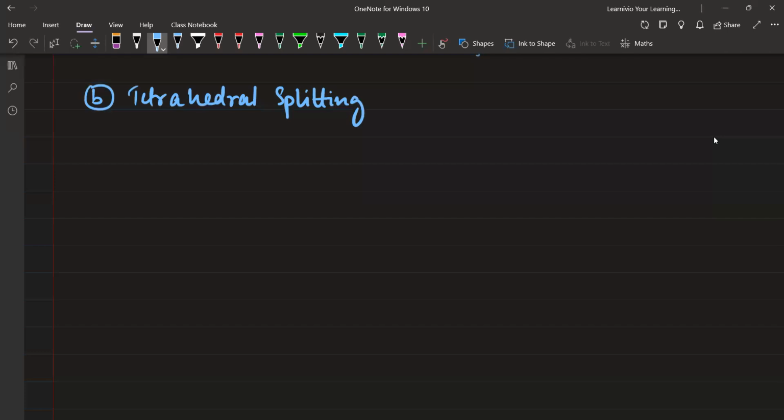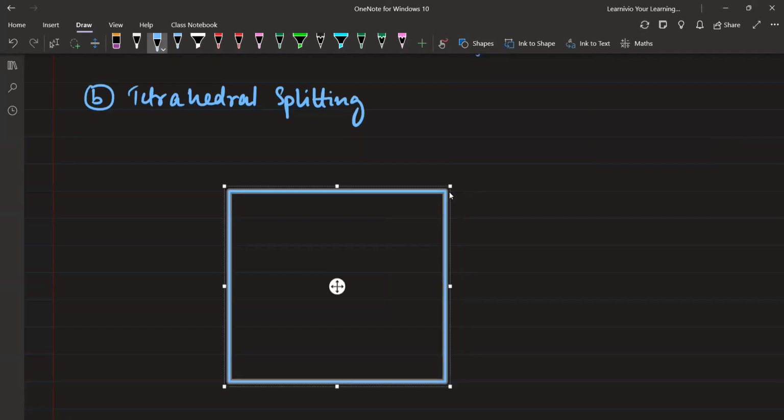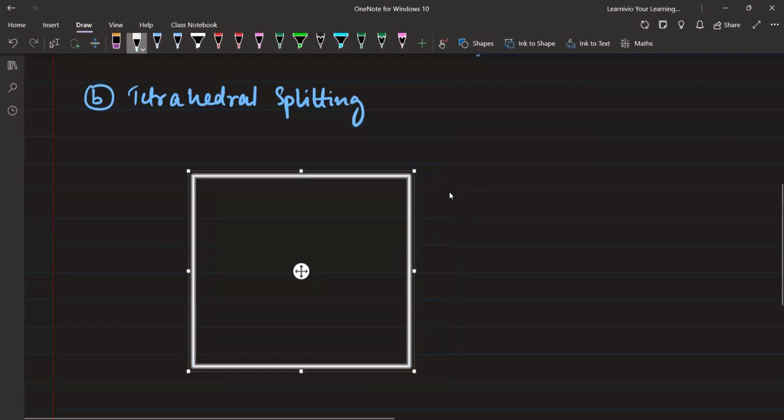So in tetrahedral splitting, what happens? Should I show you guys? Let me show you. I'm taking a leap of faith that you are going to understand this, but still let us see.